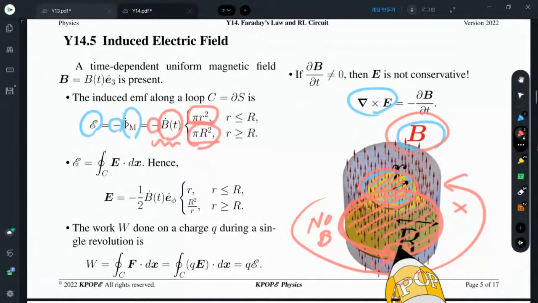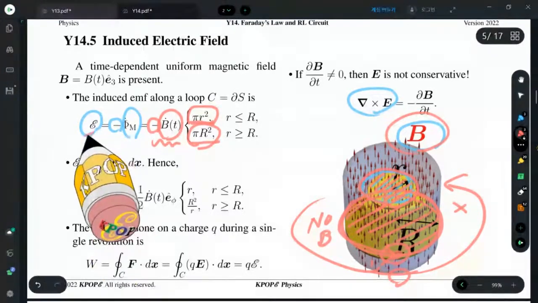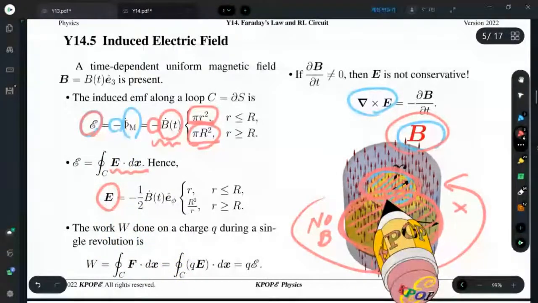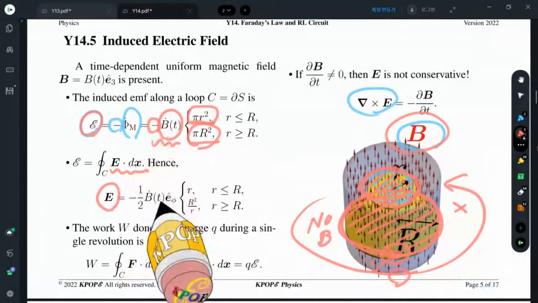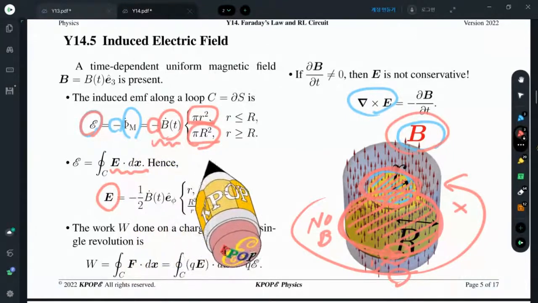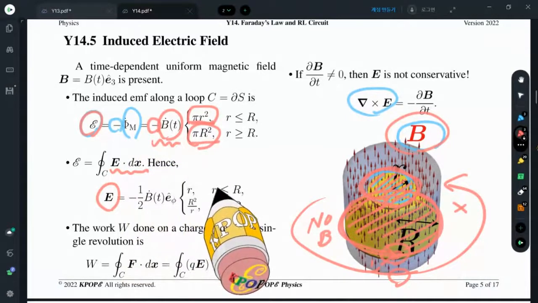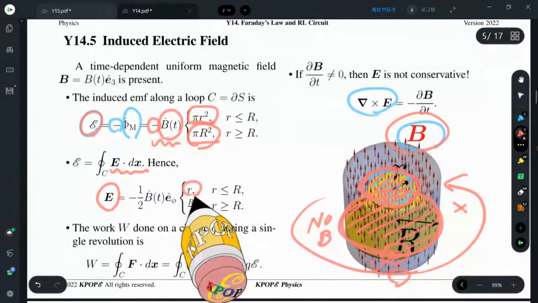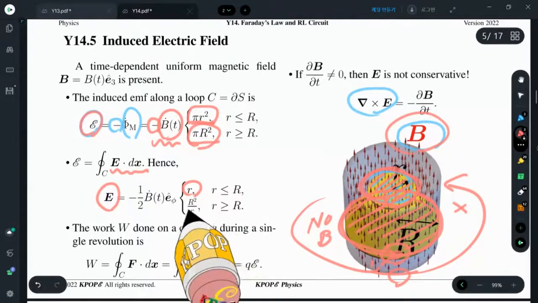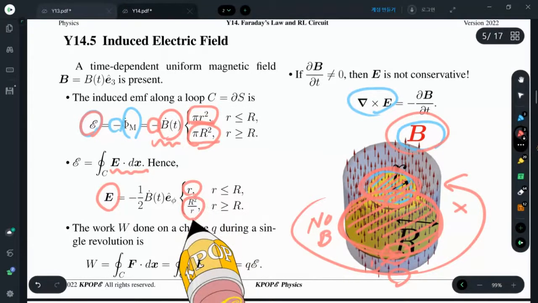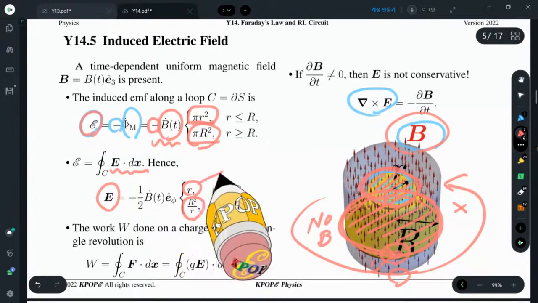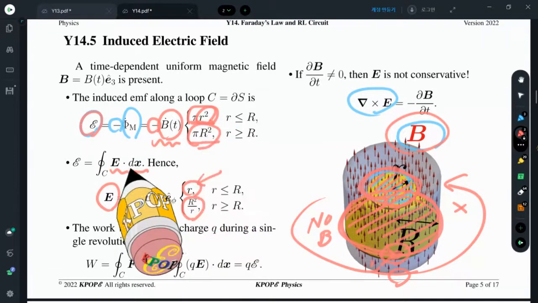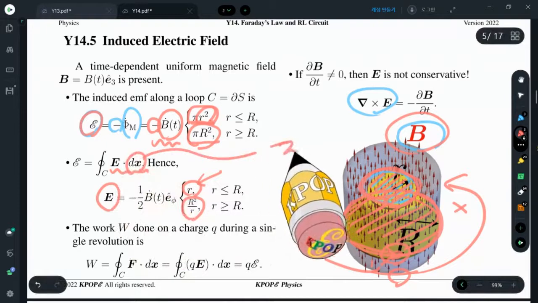In such a manner, we can compute the electric field. This is the electric field integral over a closed path, and we use this to find the electric field magnitude. It is r squared, and this integral gives 2 pi r.